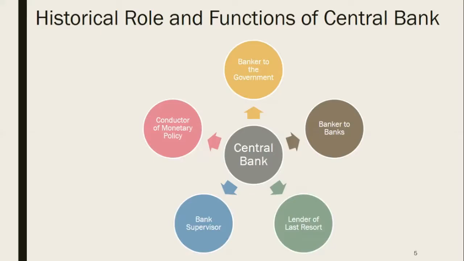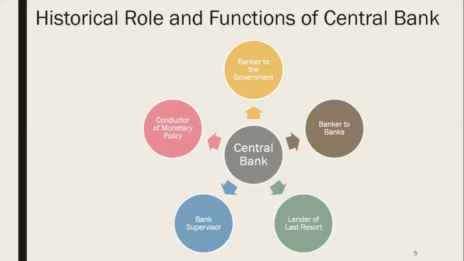So the central bank became a key repository and clearinghouse for commercial banks as well. Why do commercial banks tend to keep deposits with the central bank? One reason is there was a close relationship with the government. Another one is there was a wide acceptance of bank notes issued by the central bank.